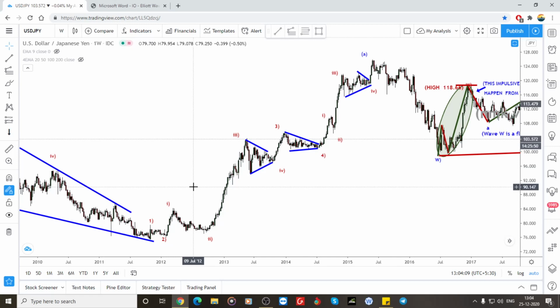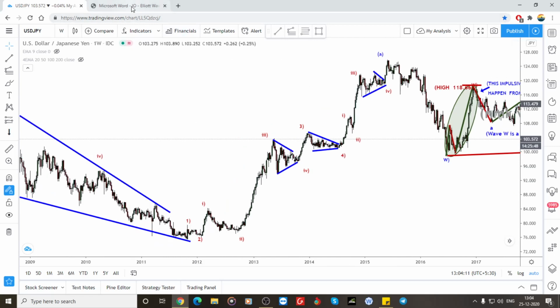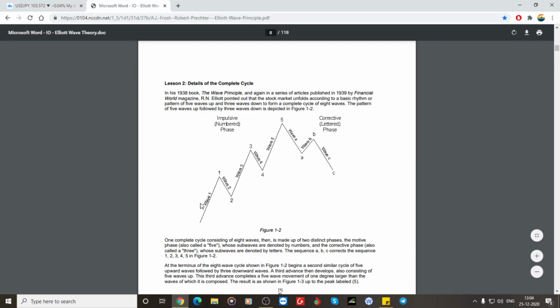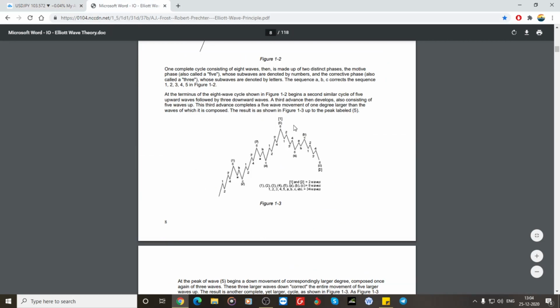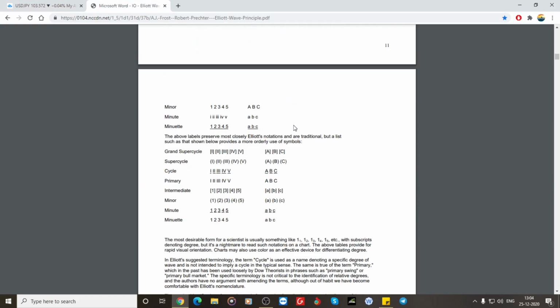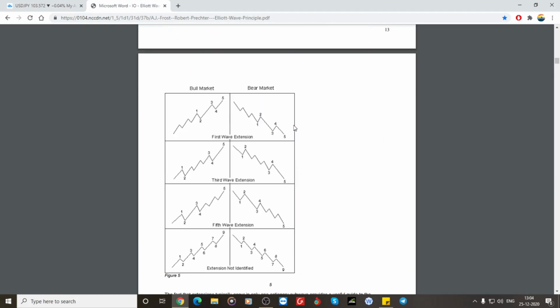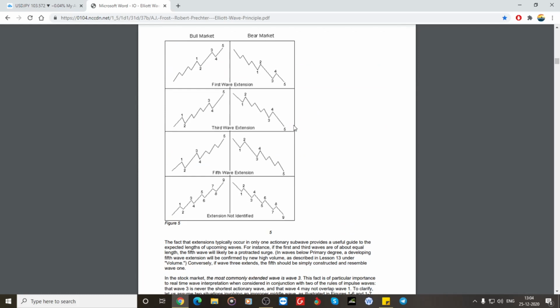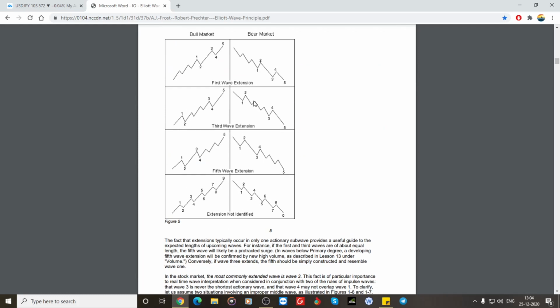So how are we looking for this? First of all, you need to understand it looks like wave 1, 2, 3, 4, 5. And this wave won't be like this, it will extend. A lot of times the third wave will get extensions.